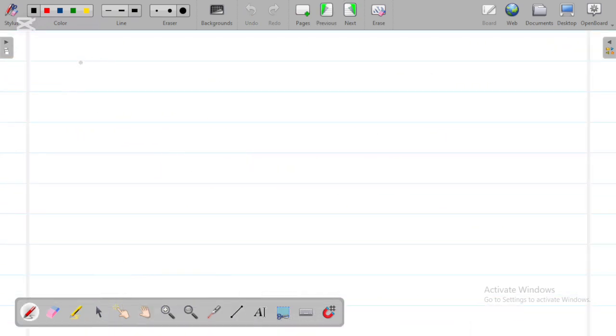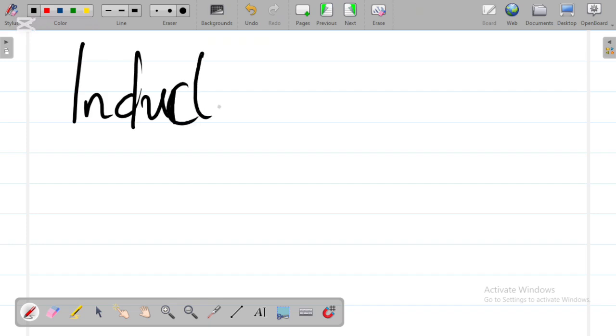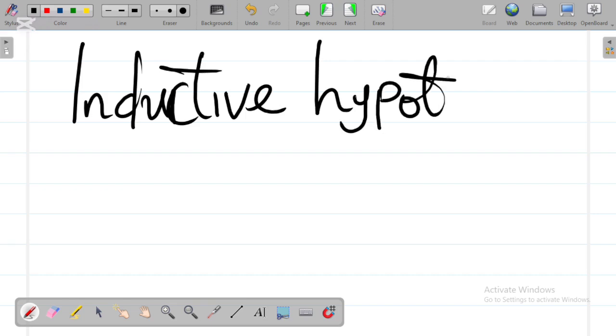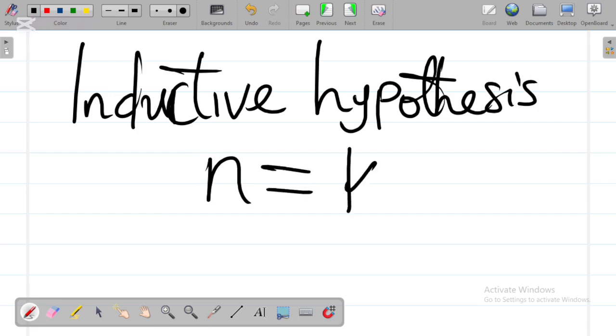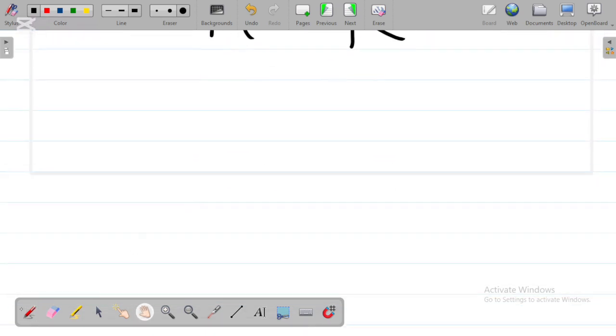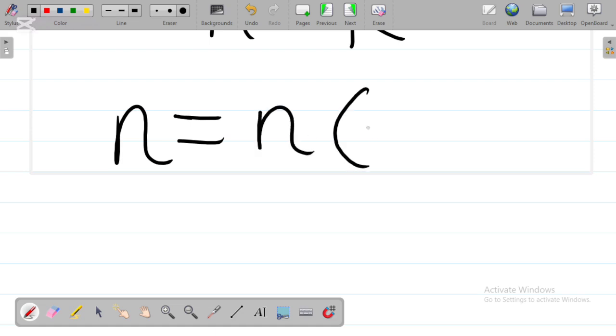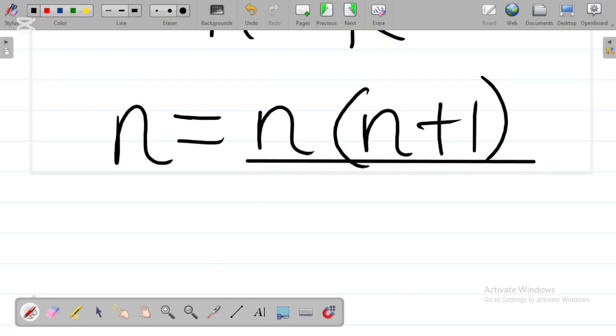All right, let's consider the inductive hypothesis. For the inductive hypothesis, n is equal to k. Now remember that n is equal to n open bracket n plus 1 divided by 2.